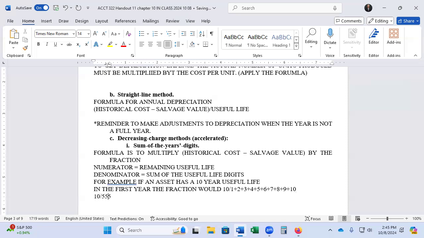So I think that's 10 divided by 55. And then the next year would be 9 divided by 55, 8 divided by 55. And so you can see the largest portion of the depreciation is taken in that first year.